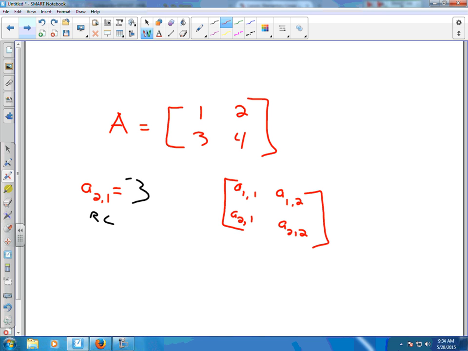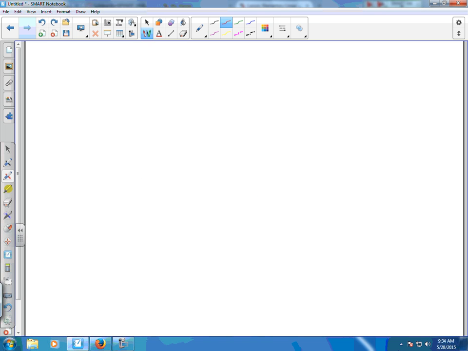Alright, we've already talked about elementary row operations. We've talked about using those to put it in row echelon form. So then they do get into describing, well, what do we mean by row echelon form? Technically, to be in row echelon form, there are 3 properties.